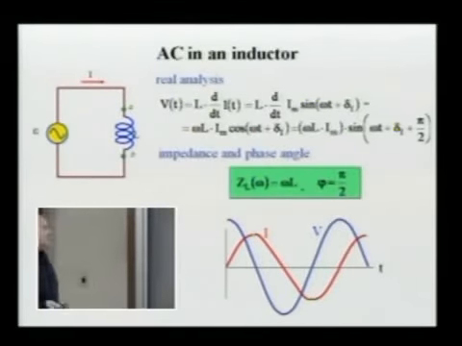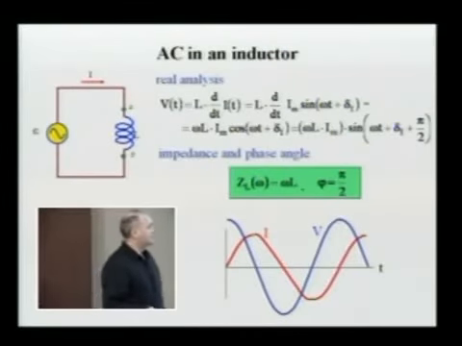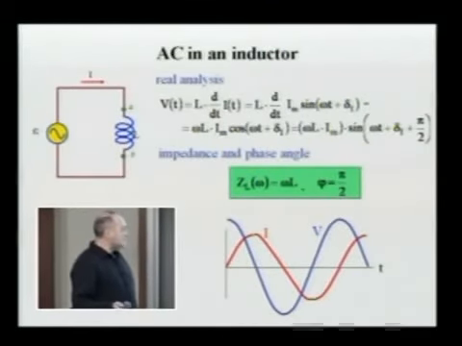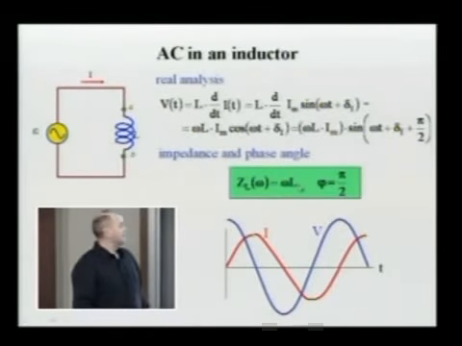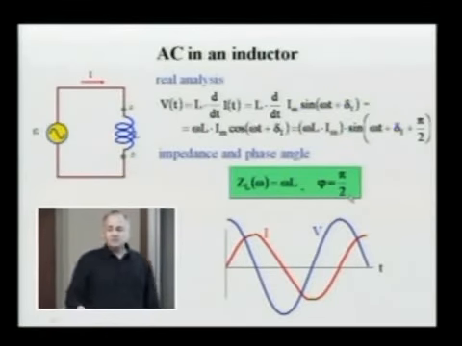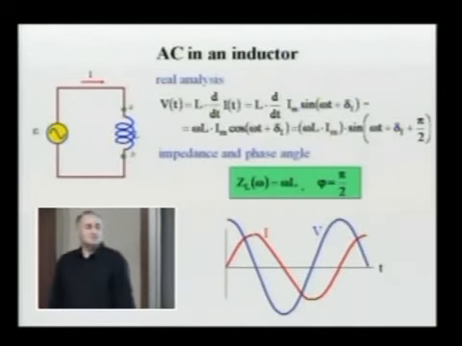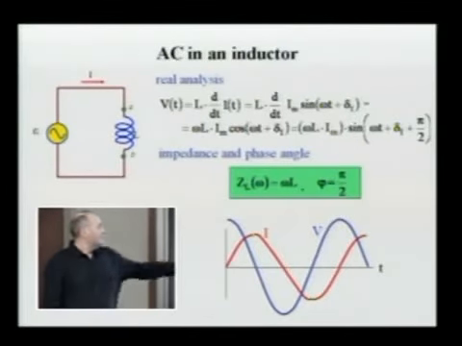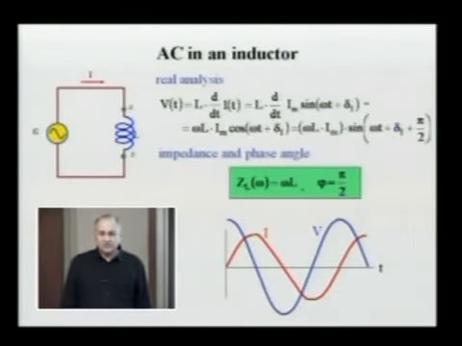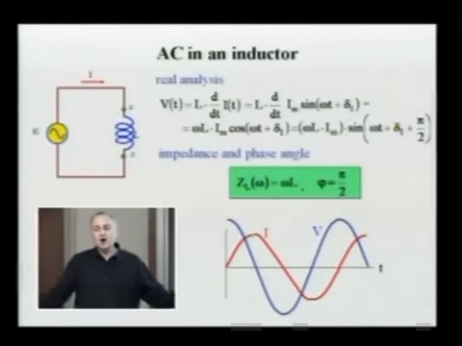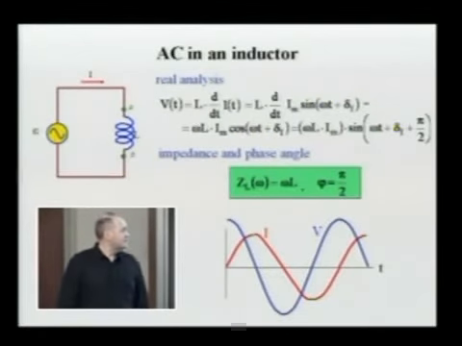So in an inductor, impedance is equal to angular frequency multiplied by inductance of the inductor, and the phase angle is always pi over 2, which means that if it is pi over 2, we say that the voltage leads the current by phase pi over 2, or we say also that current lags behind voltage by pi over 2.